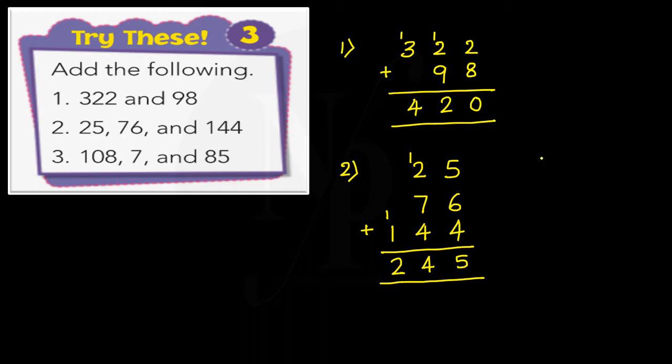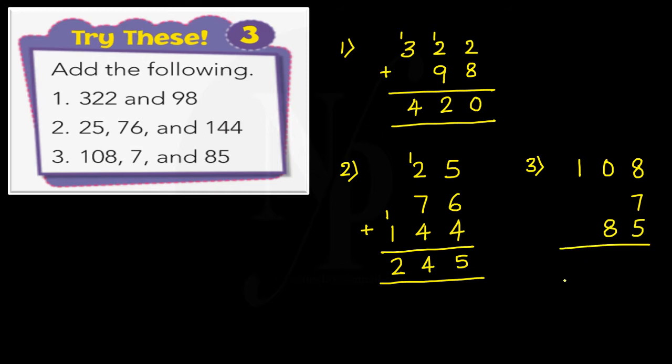So I write the solution for question number 3 here. Let us write down the numbers according to their place values. 108, and below that we write 7 in ones column, and the third number is 85. So 8 is in tens place and 5 is in ones place, 85.